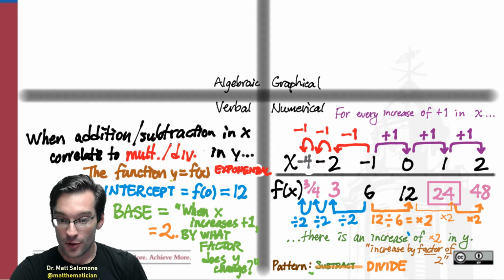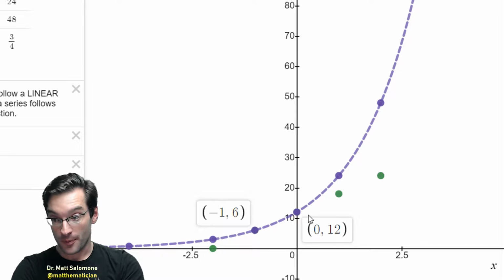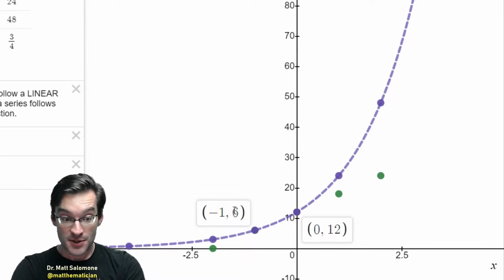The way, once again, to understand what's going on here is that every time my value of x increases by 1, for example, from -1 to 0, the value of y is increasing by a factor of 2. So 6 times 2 becomes 12. Then when x increases by 1 again, y increases by a factor of 2 again. 12 times 2 is 24.